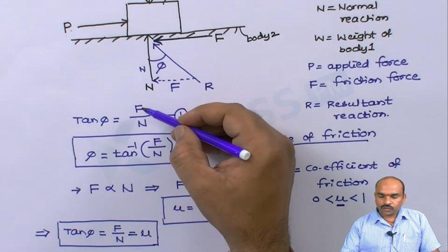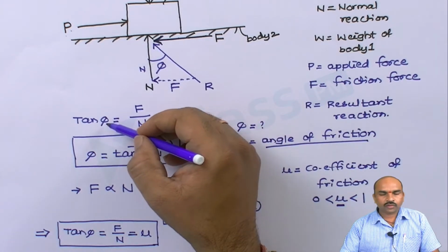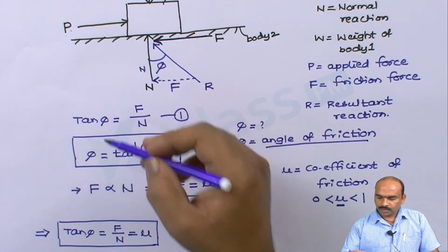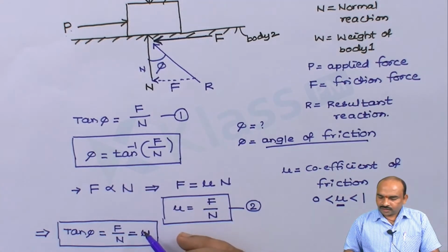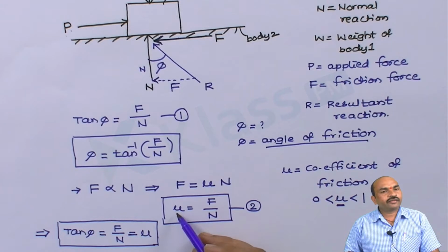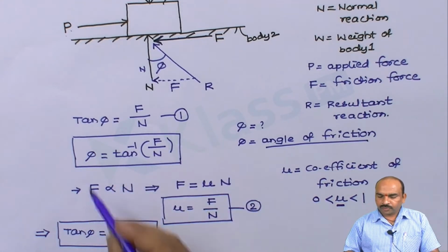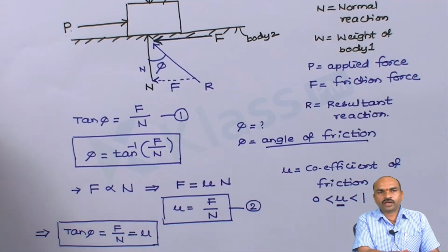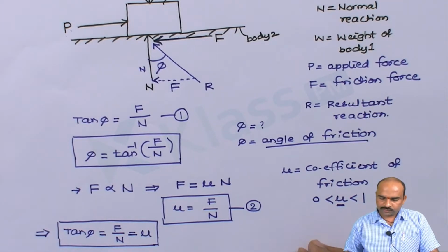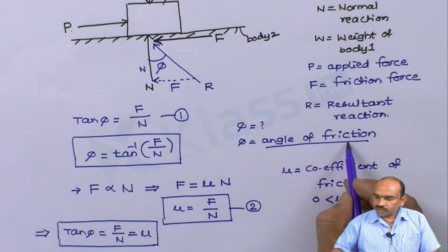Suppose only F and N are given, you can use this formula to calculate the angle of friction. Suppose mu is given and N is given, you can calculate F. Like that, depending upon the given data, you can use the relation to calculate unknown values with the help of given values.